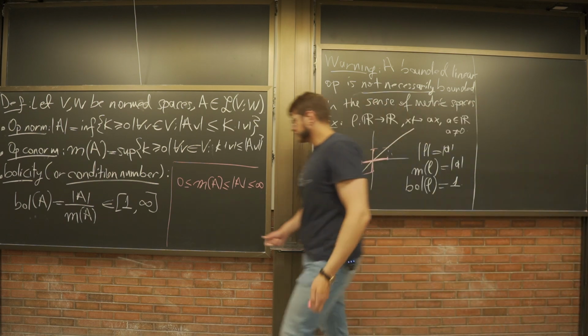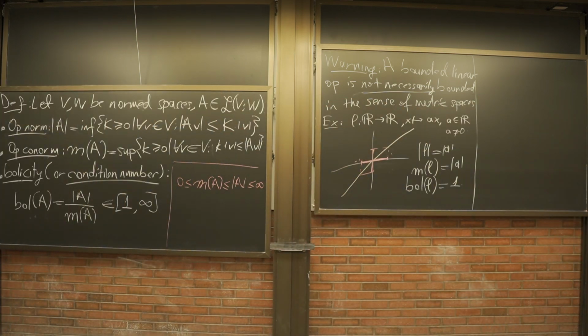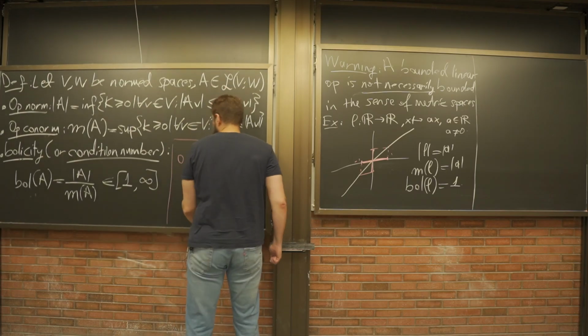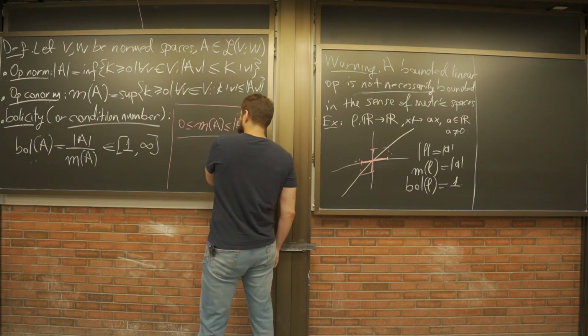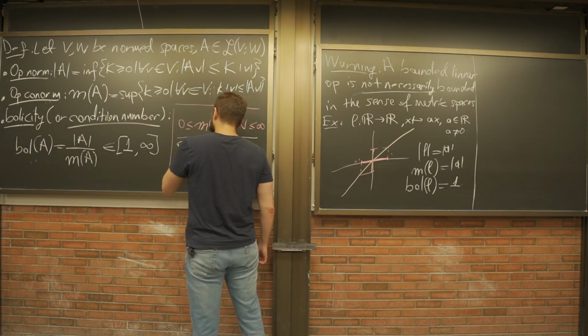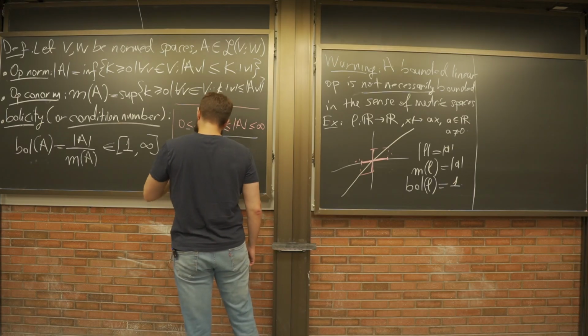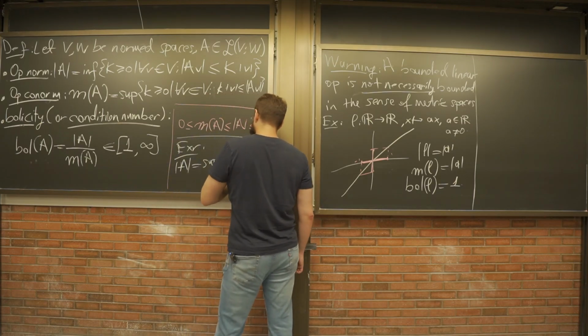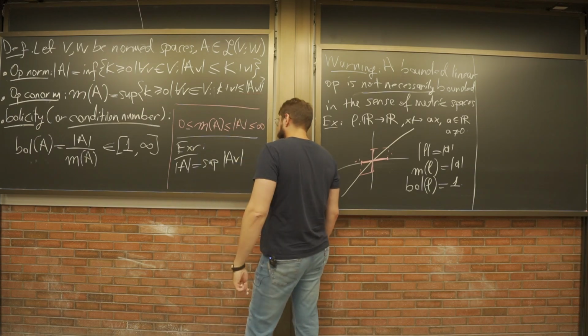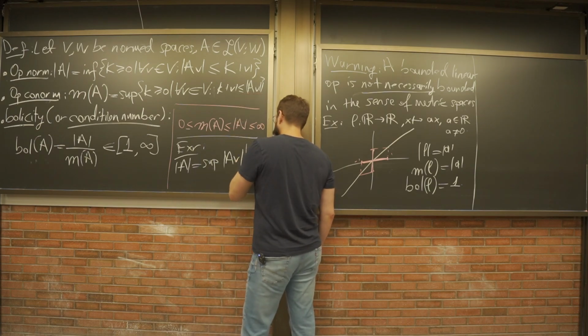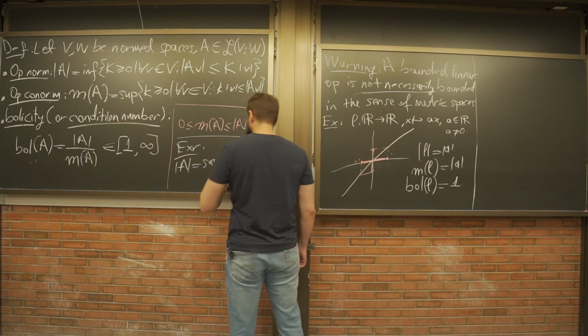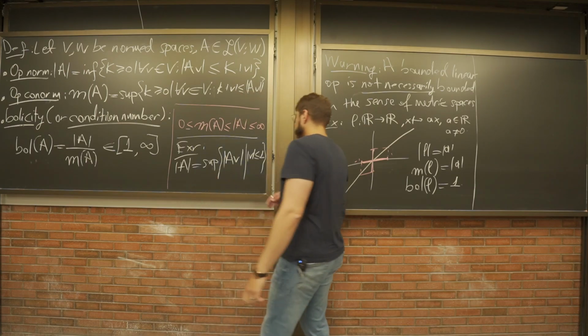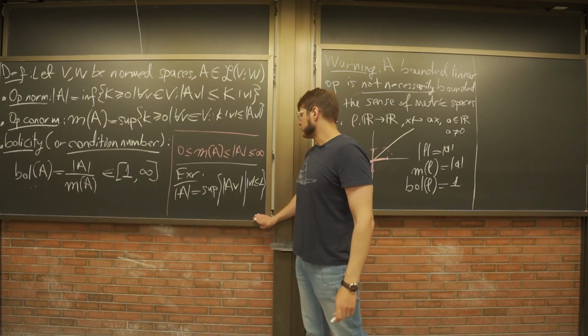What I was alluding to is that another way of computing this operator norm, for instance, is this: the sup of the norm of Av such that v is in the unit ball, where v is a vector whose norm is bounded by 1.